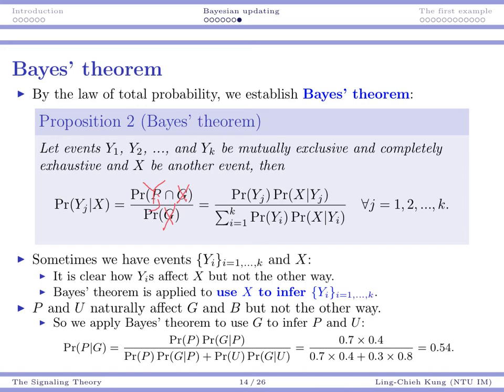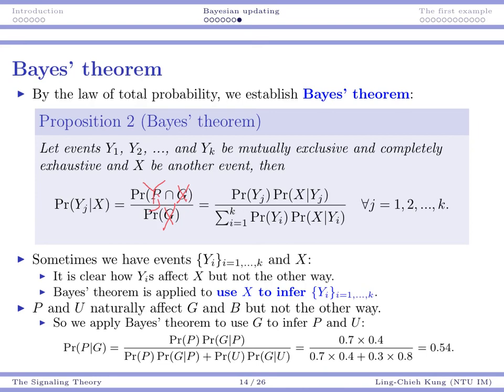Okay, so from here to here, this is the usual theorem for conditional probability. Conditional probability, and then the probability of x can be expressed by the law of total probability. Okay, that's the denominator. For the numerator, it's just another application of the definition of conditional probability.